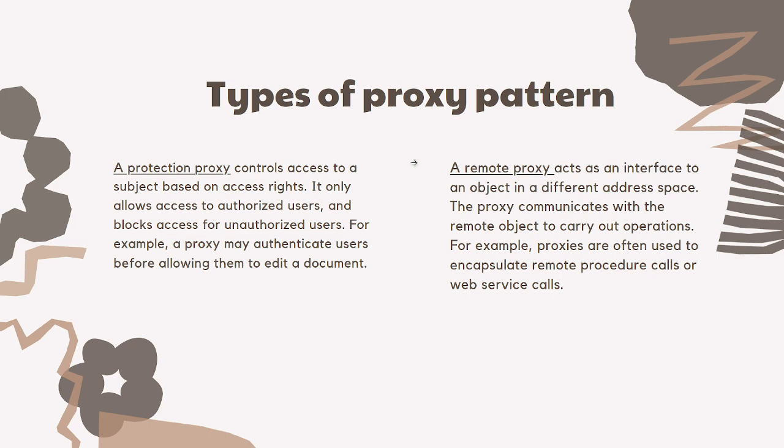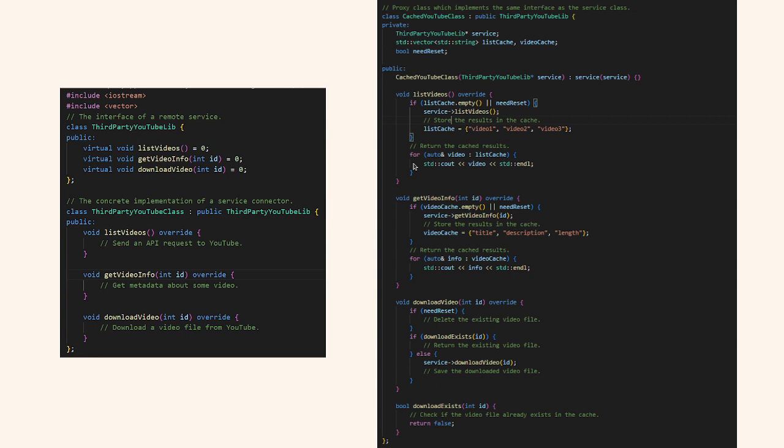So then, about the practical use of this proxy pattern. In this implementation, we have defined the third-party YouTube interface on the left, which defines three methods: list videos, get video info, and download video. Then we have defined the third-party YouTube class.